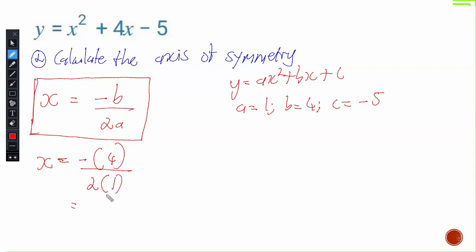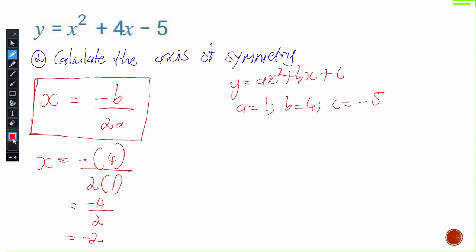And then simply punch the calculator from here. This is -4 divided by 2, which will give you -2. And just like that, voila, you have found your axis of symmetry. So this can be just a mark or 2, right? So you have calculated the axis of symmetry.